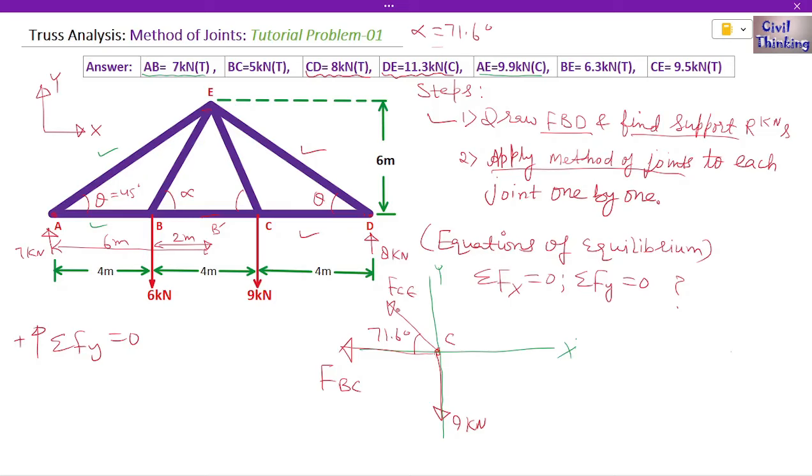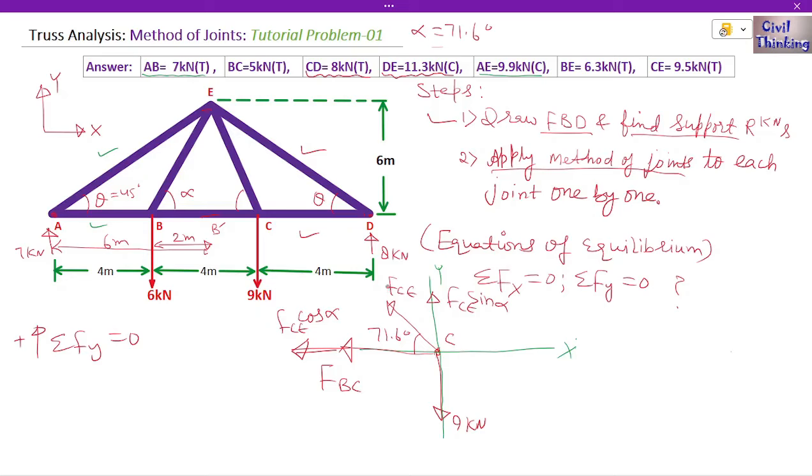Again, this FCE is neither along the y nor the x axis, so its vertical component is FCE sine of alpha, and the horizontal component is FCE cosine of alpha, right? Let me just write alpha, because I know the value of alpha is 71.6.